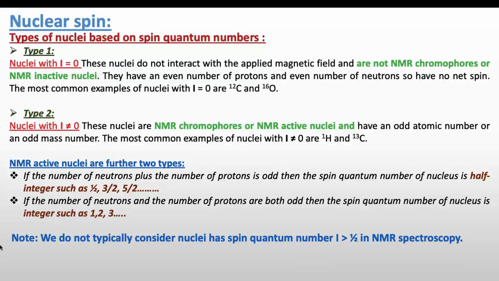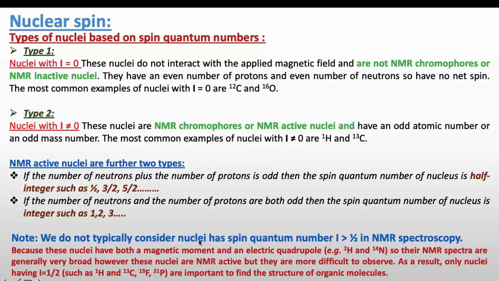Now we have to remember here, we do not typically consider nuclei having spin quantum number greater than 1/2 in NMR spectroscopy. The reason for this is that these nuclei have both a magnetic moment and an electric quadrupole. So their NMR spectra are generally very broad. These nuclei are NMR active, but they are more difficult to observe.